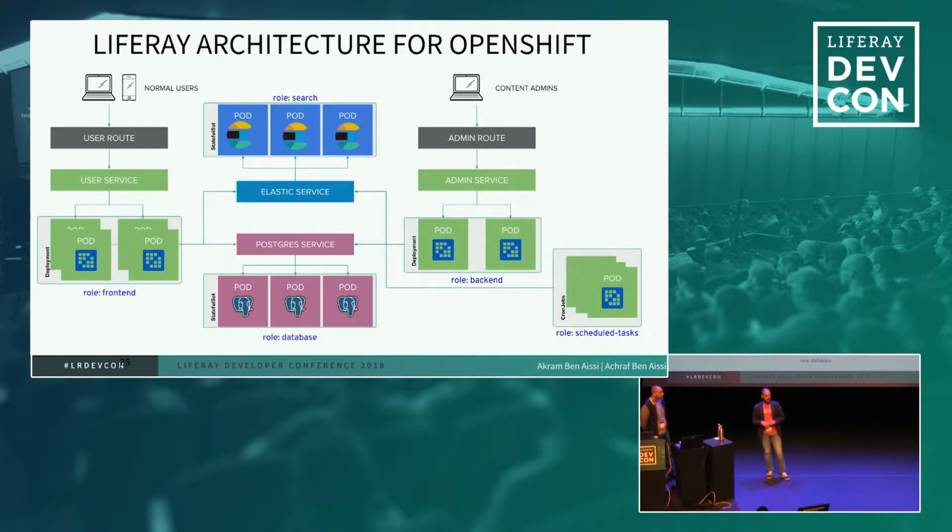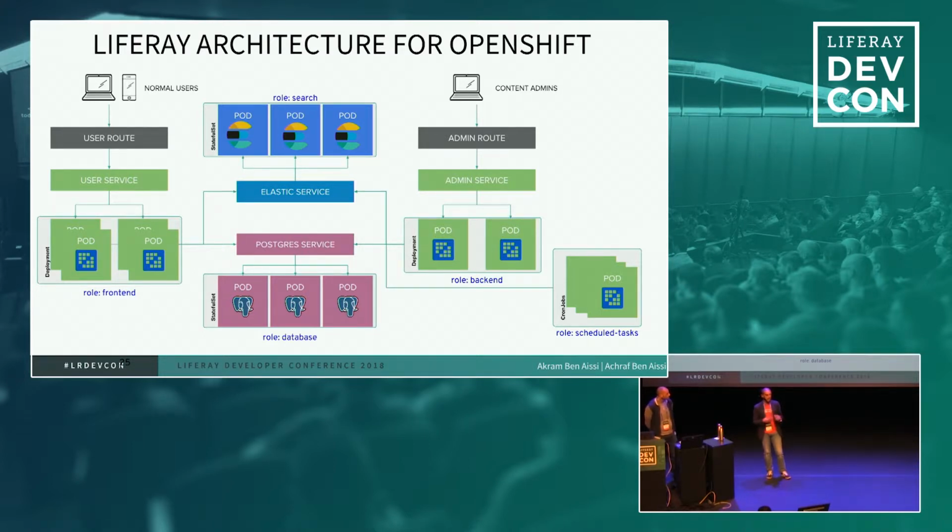Also, we relied on two different services that we deployed in OpenShift. The first one is the database. We used Postgres, and we had a cluster of three Postgres containers deployed as a stateful set in OpenShift. And we also have the search engine based on Elasticsearch, also deployed in a container.